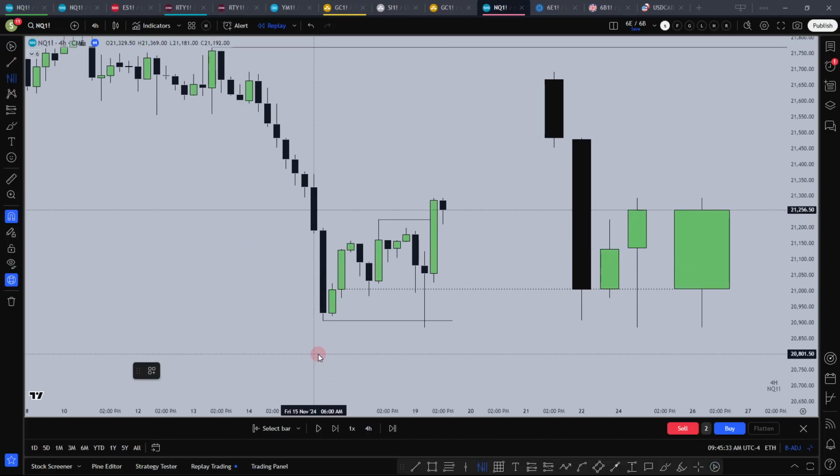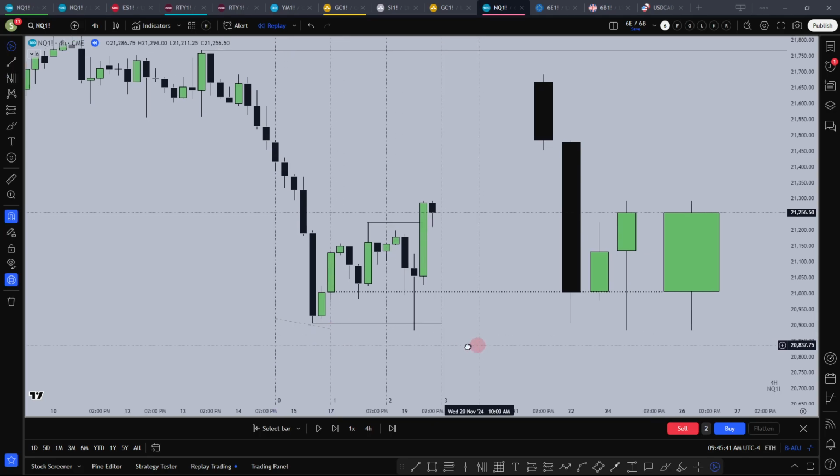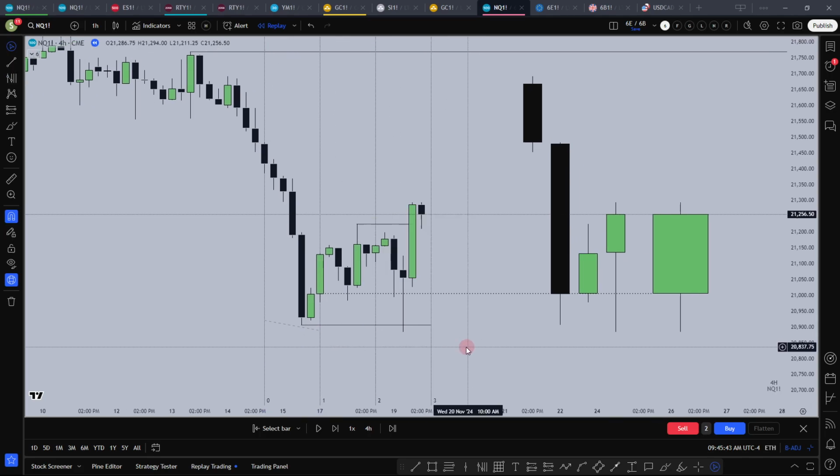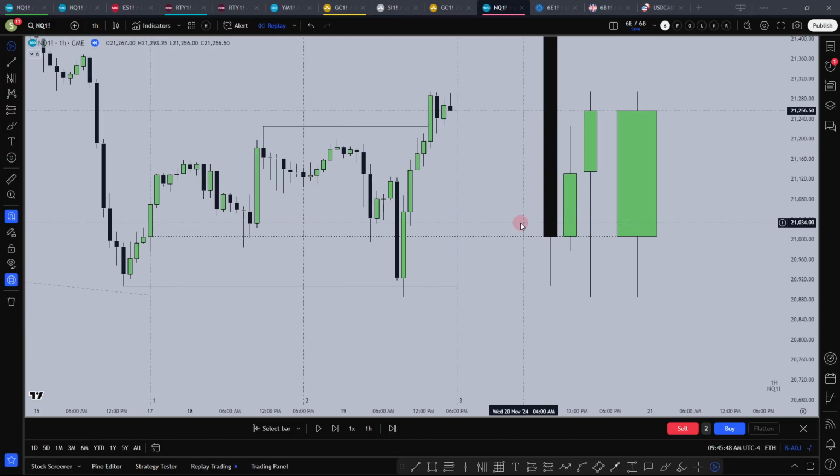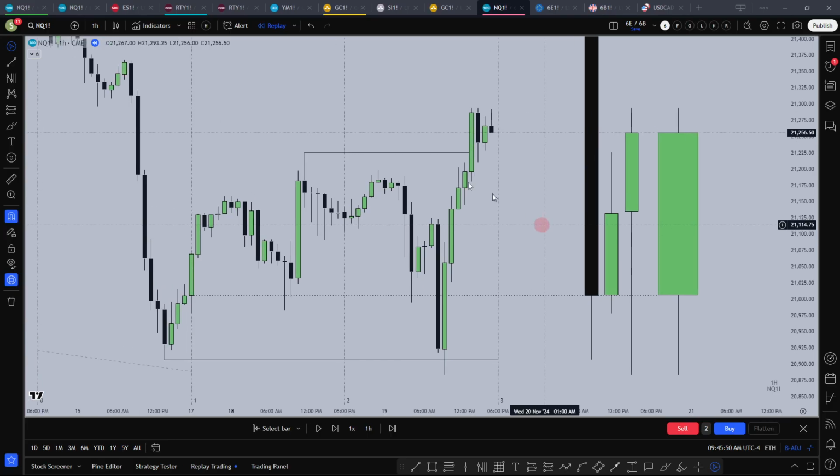Separators first. For the people in the mentorship, clear range high, clear range low.